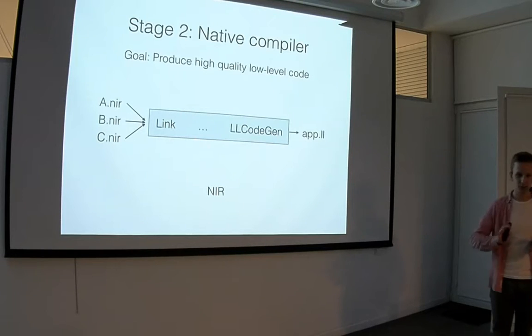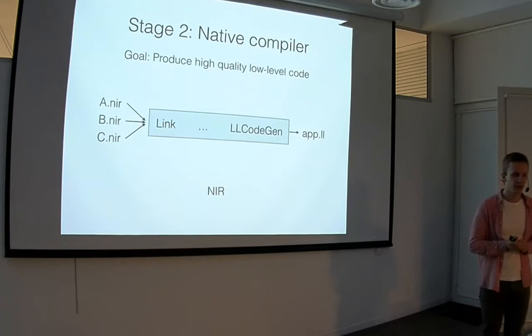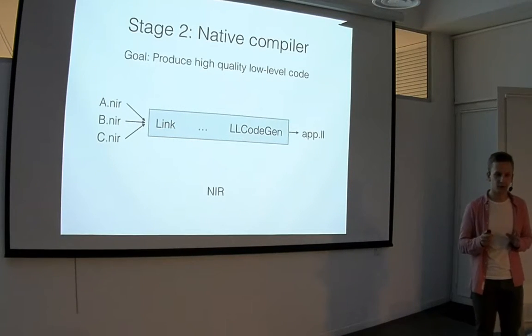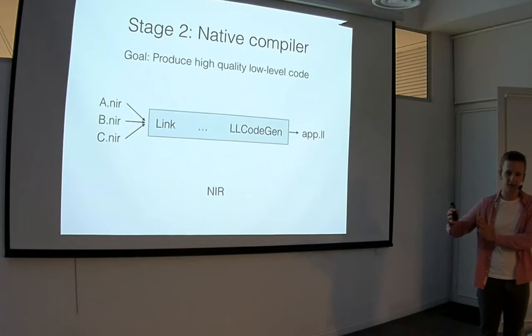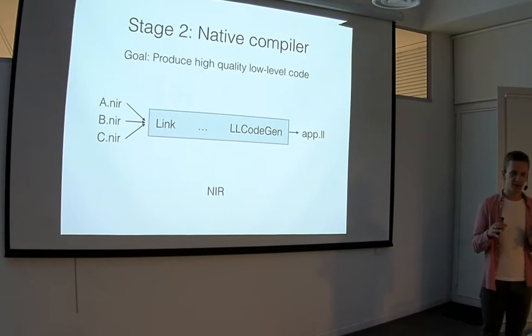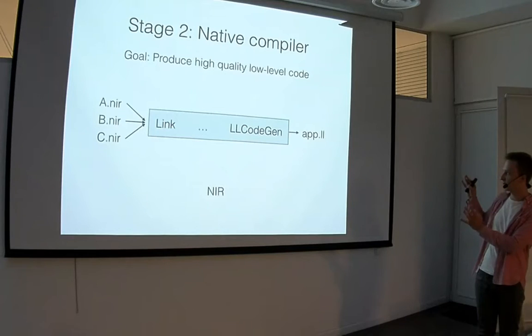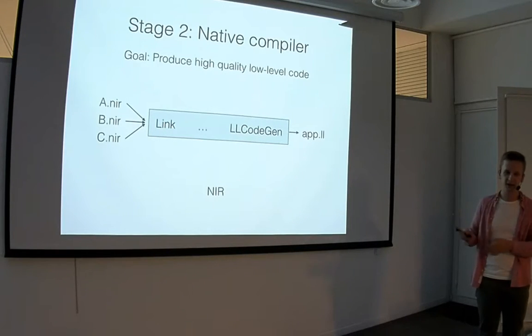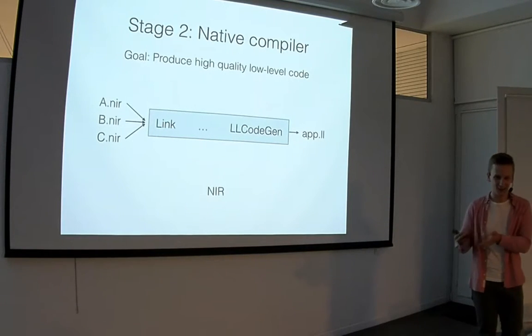Then we do some optimizations, for example we optimize away some boxing operations. We clean up your code to make sure that LLVM likes it afterwards. It's not our goal to have some super sophisticated optimizer here, because LLVM is already a super sophisticated optimizer.